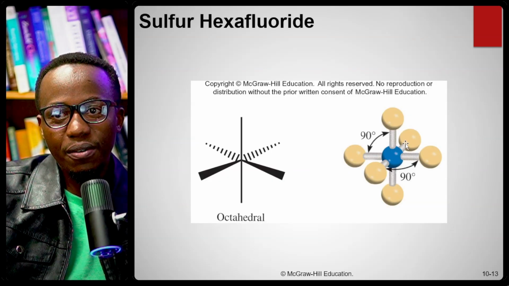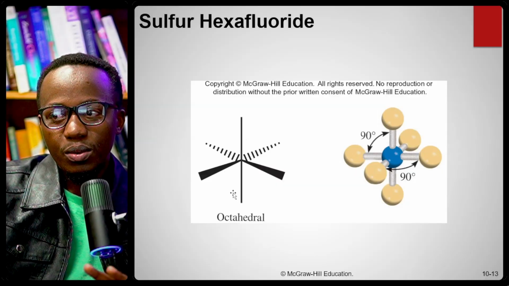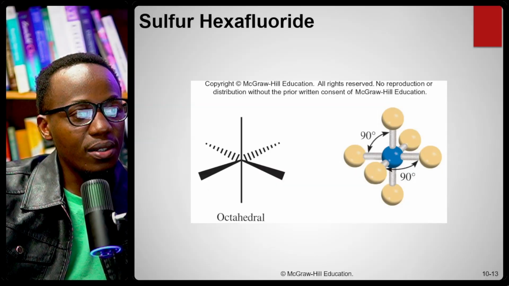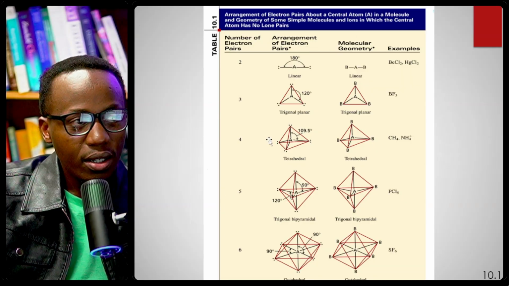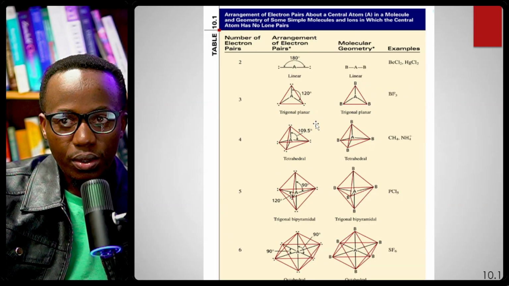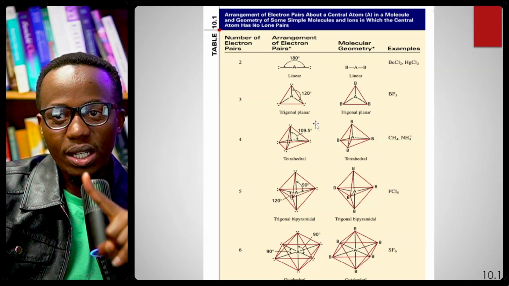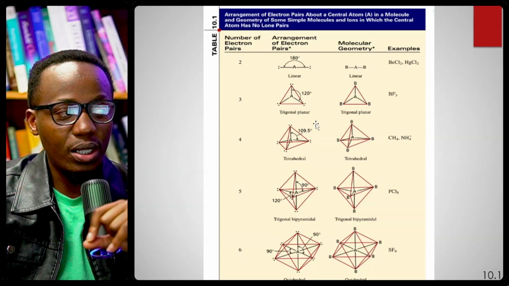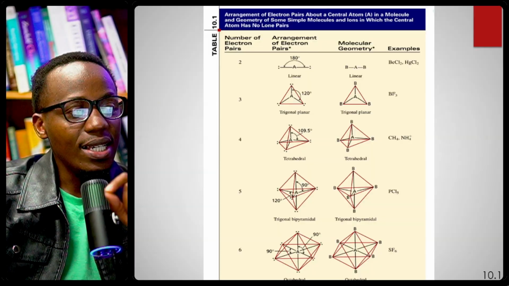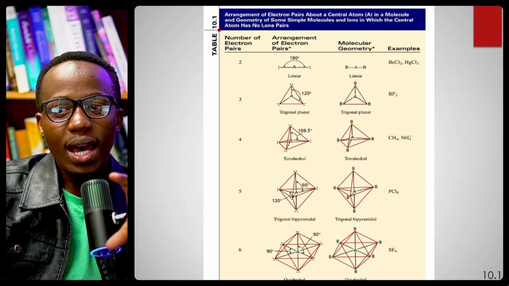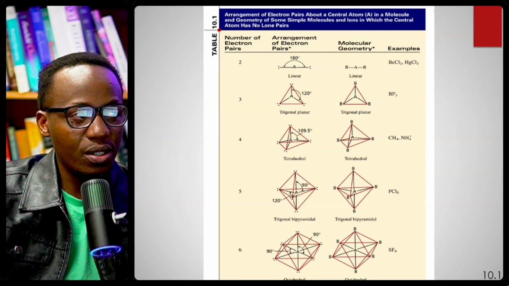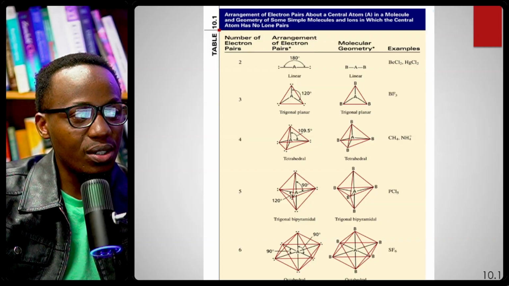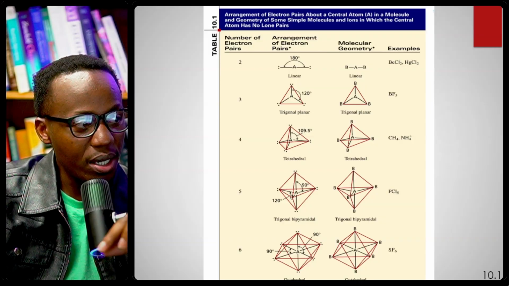These are all really fun geometries, but if you pay attention, you realize that these are bound to a central atom. So you have a central atom bound to a bunch of atoms around it. They do not have pairs of electrons.